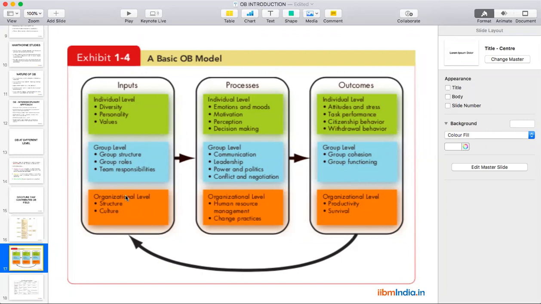Now these inputs go through a process, which may differ at different levels or different hierarchy of the company, at individual, group or organization level. When we discuss the process at individual level, first of all we need to understand the meaning of process.